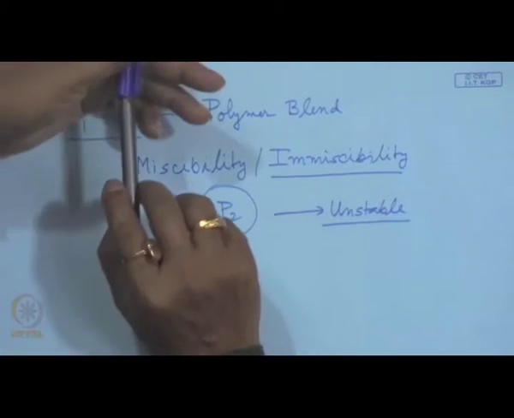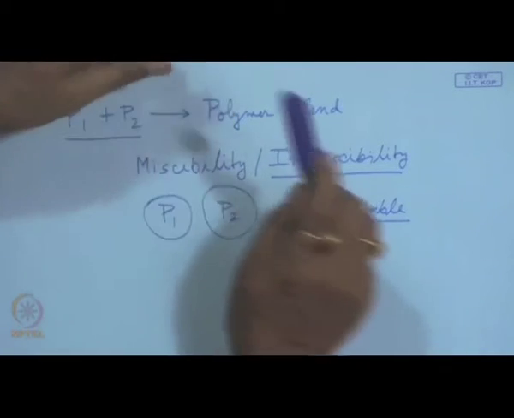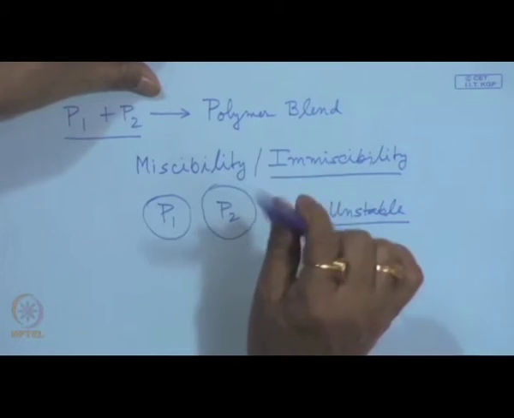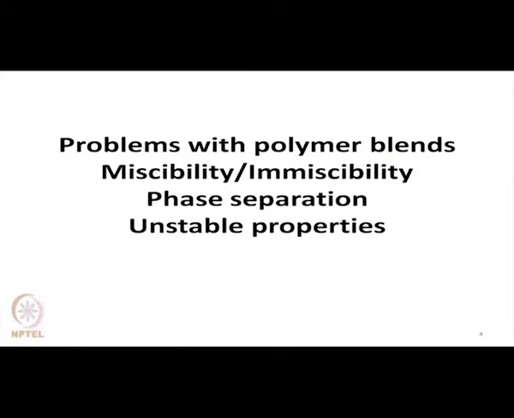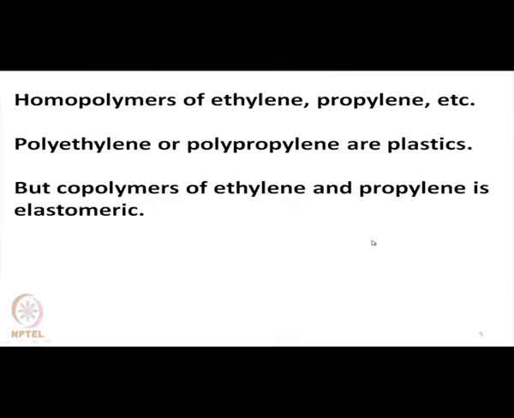That is not a desirable phenomenon. The product should maintain its properties for a longer period, or even up to its end of life. So, miscibility, immiscibility, phase separation, these aspects are to be considered.